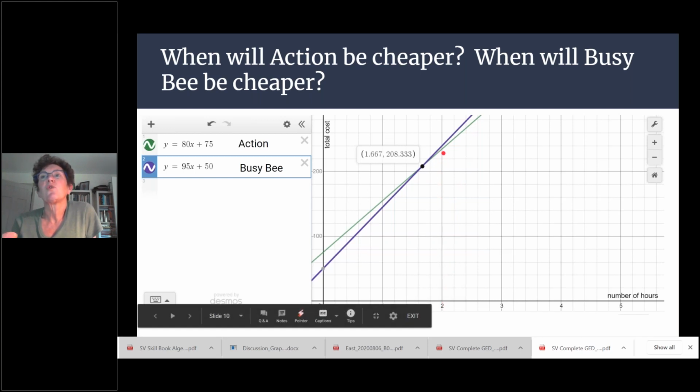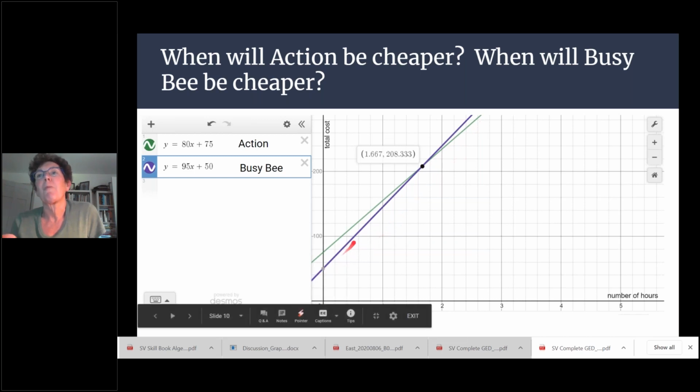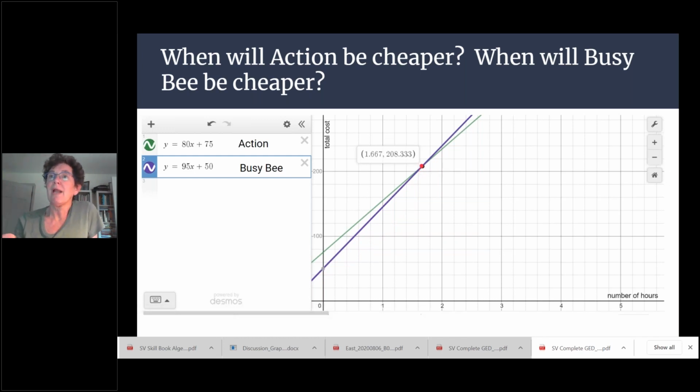We can see that the total cost is less than 220, just a little bit less than 220, where at 2 hours, Busy Bee is right at 200. So we can see that Action will be cheaper after that hour and 2/3, and Busy Bee is cheaper before the hour and 2/3. But right at an hour and 2/3, they'll both be the same.